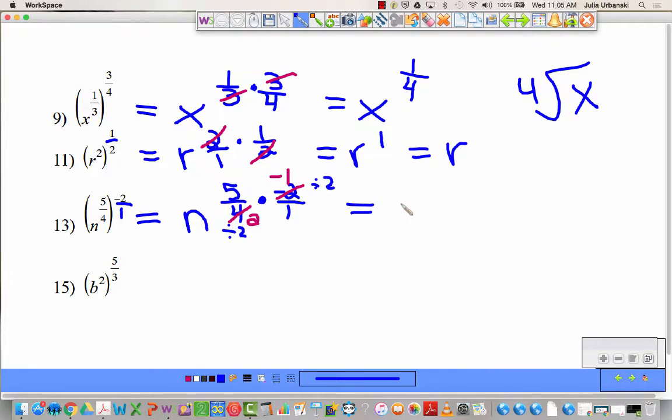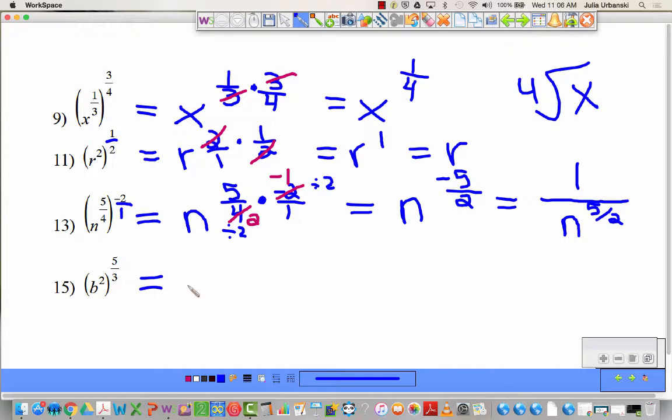Now all you do is multiply across. 5 times -1 is -5. On the bottom, 2 times 1 is 2. That's a negative exponent. The top said to write positive exponents, so make a fraction. Take this whole thing and move it down: n to the 5/2, and a 1 goes on top.